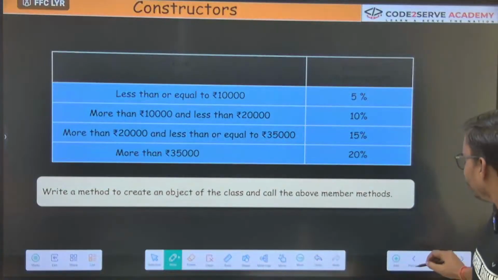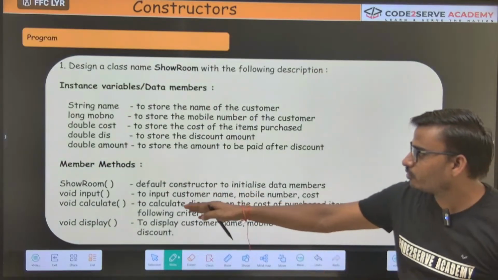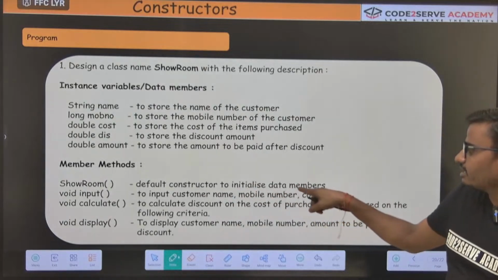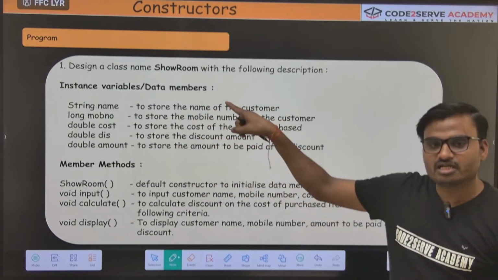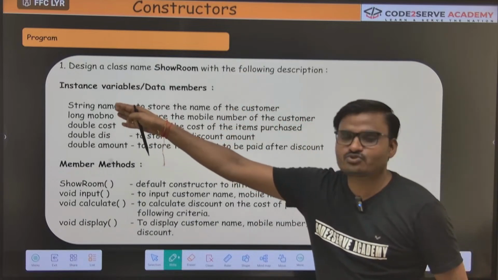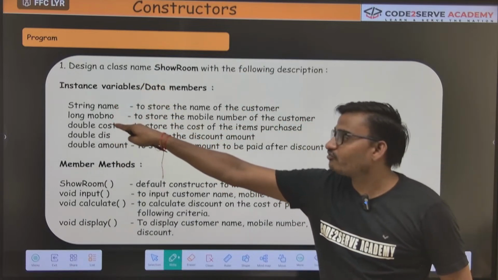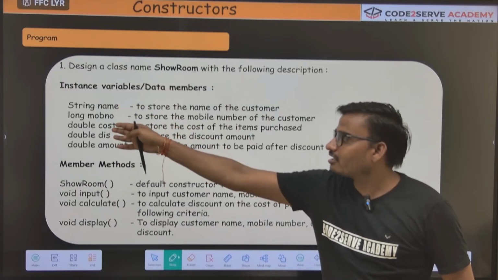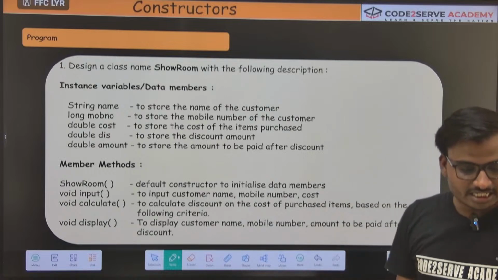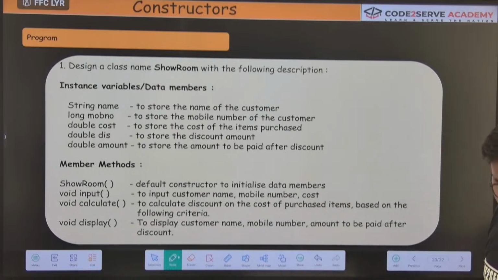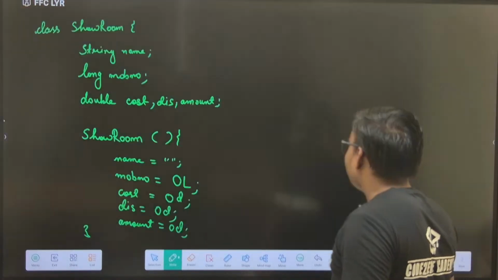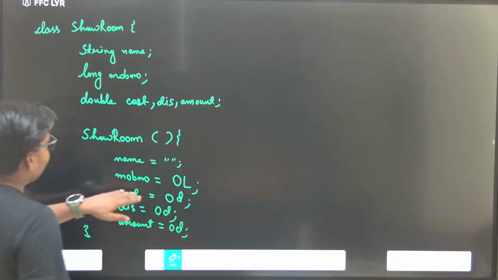See how easily we have covered the first two portions. We were told to create one default constructor and initialize the data members with the default values. The default value of string is double quotation, for mobile number it is 0L, that is, it is of long type, and the remaining ones we declared similarly.